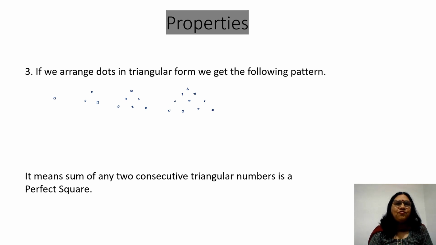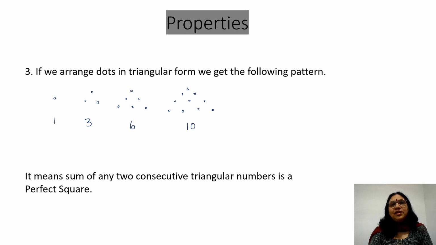So here I have 1 dot, here 3 dots. When we arrange them in triangular form, in this I have 6 dots. In this pattern I have 1, 2, 3, 4, 5, 6, 7, 8, 9, 10 dots.